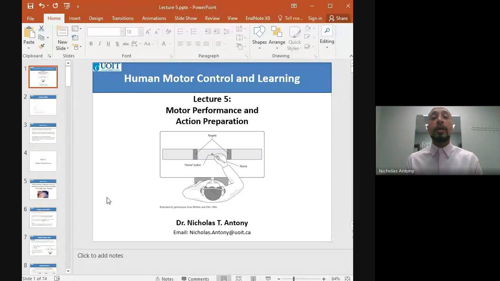We'll look at some of the different motor skills that have been researched and what has been figured out about how those skills are influenced by the 3 factors of the environment, the person, and the skill itself, and how those factors influence our ability to complete different motor skills. And then we'll finish up with talking about action preparation.